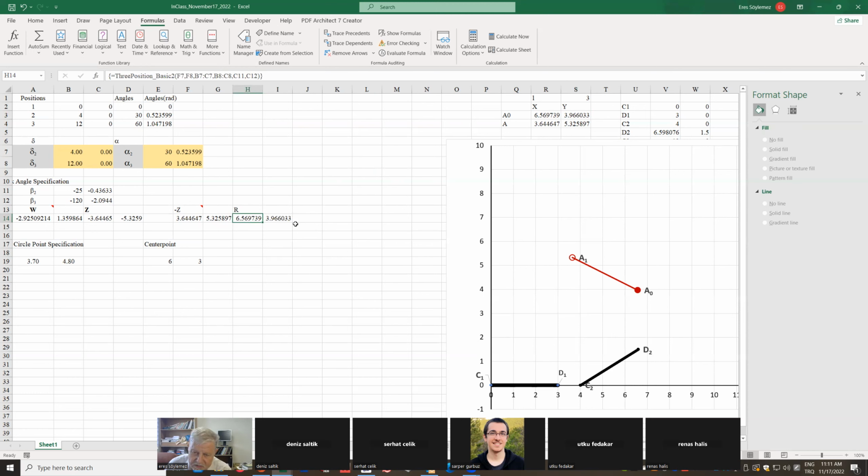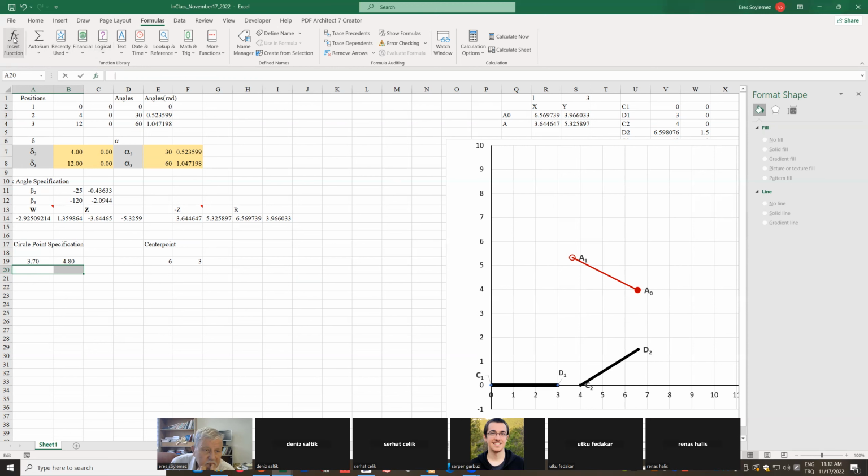You obtain the same result. Now, instead of using angle specification, let us use circle point specification. 3.7, 4.8. 3.7, 4.8 is somewhere over here, okay?